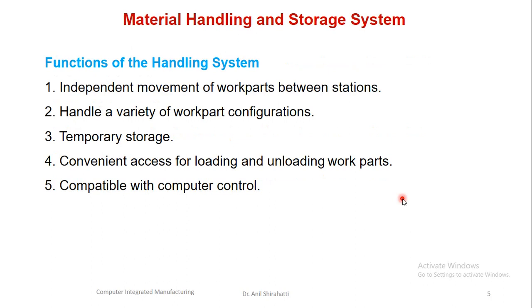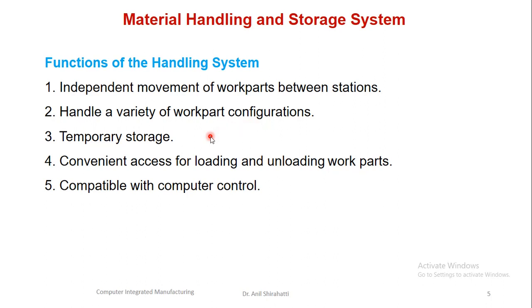Next is the material handling and storage system. So what is the function of material handling? Independent movement of work parts between the workstations should happen. It should be able to handle a variety of work part configurations, like square, rectangular, or circular. Temporary storage should be allowed.